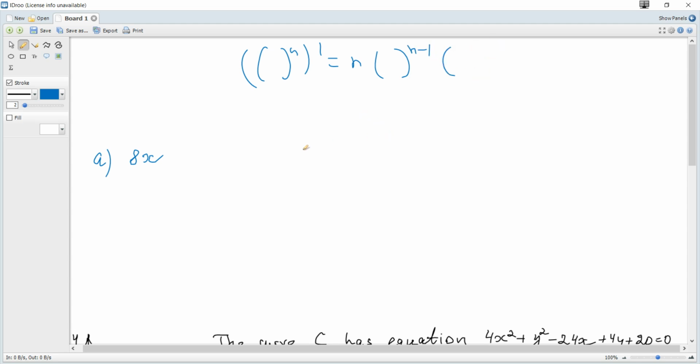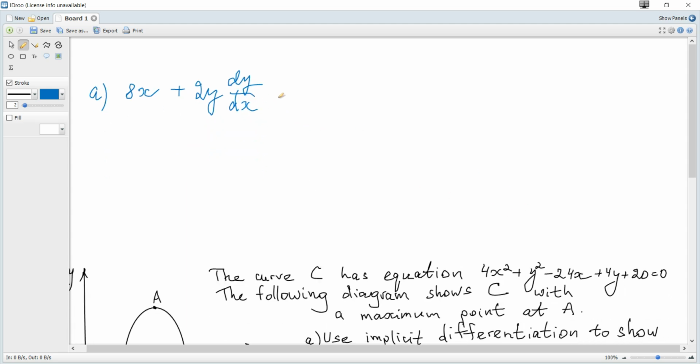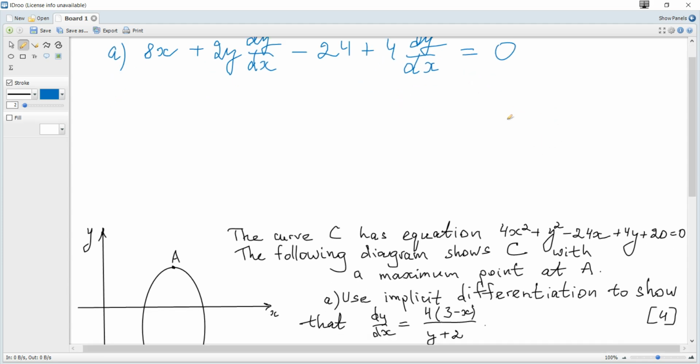So y squared becomes 2y multiplied by dy over dx, plus 2y dy over dx, minus 24x becomes negative 24, plus 4 dy over dx, plus 20 has derivative 0 because it's a constant, and the right side is 0 because the derivative of 0 is also 0.